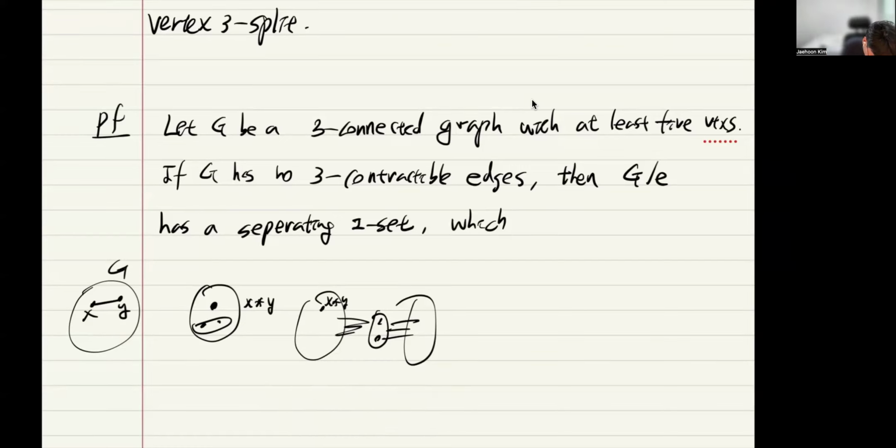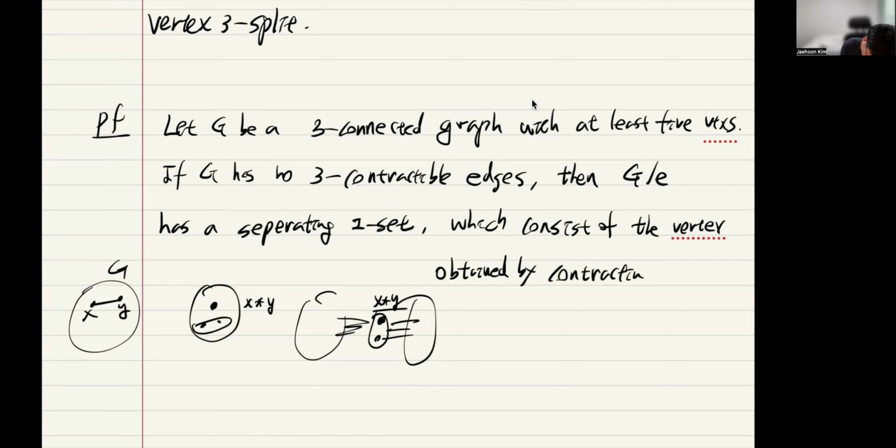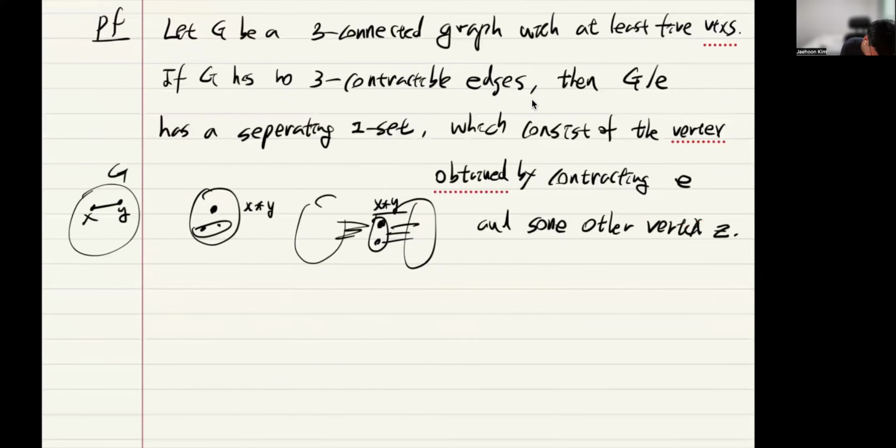So that means this separating set must contain this x star y, which consists of the vertex obtained by contracting e and some other vertex z.